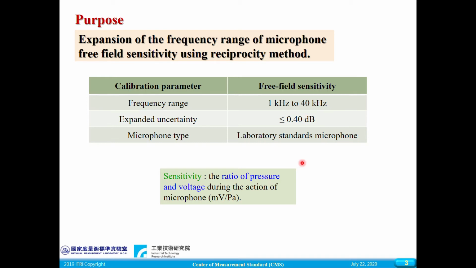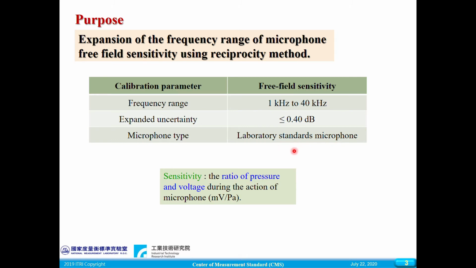The free field sensitivity of laboratory standard microphones can be transferred to the working standard microphones. The microphones in practical application, as the previous page mentioned, can therefore be traced back in the free field sensitivity.